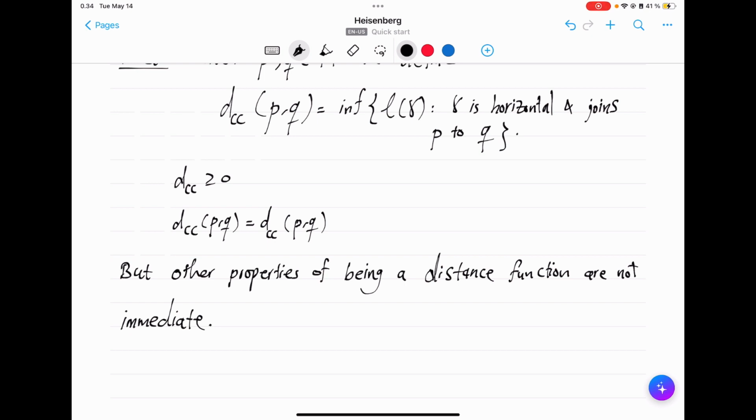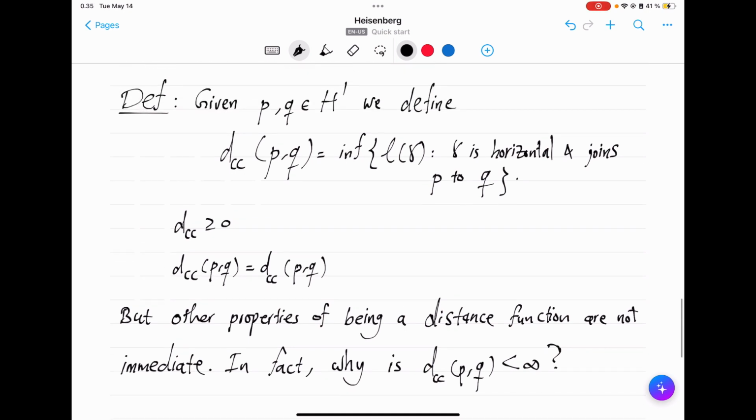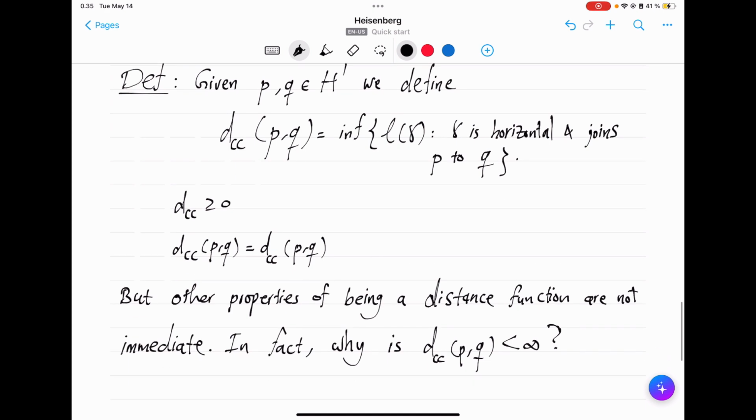In fact, we don't even know why this should be a finite value. Why is d_CC(P, Q) even finite? Is there even one horizontal curve joining P to Q?